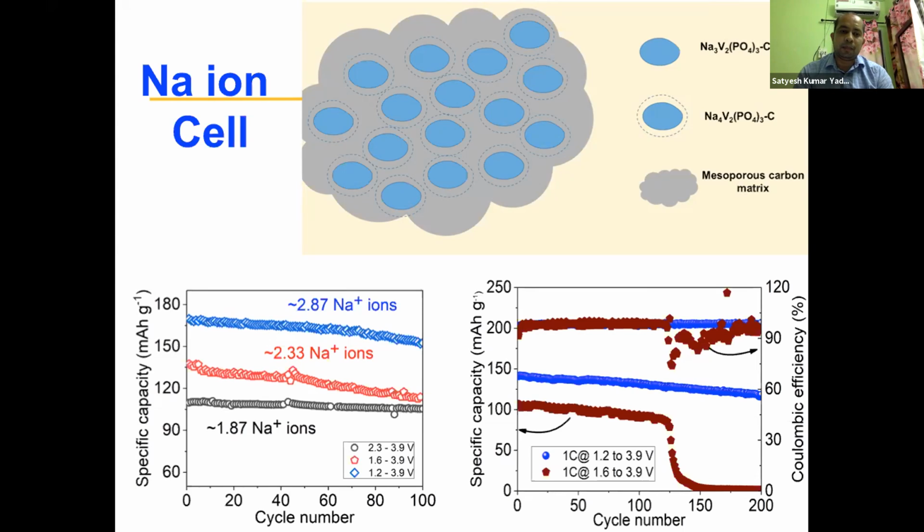And he comes and tells me that if you charge and discharge a battery made of Na3V2(PO4)3. So if you see here, these particles, the blue ones, are some 500 nanometer particles of Na3V2(PO4)3. This is the active material in the cathode. It is surrounded by amorphous or mesoporous carbon.